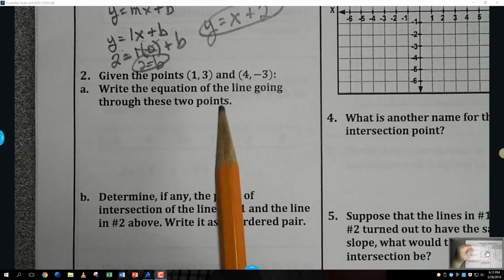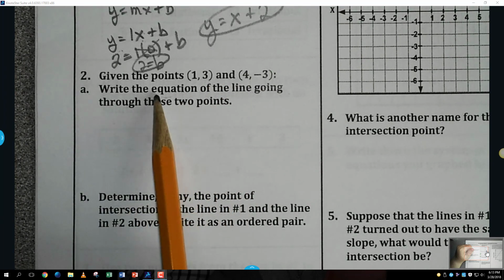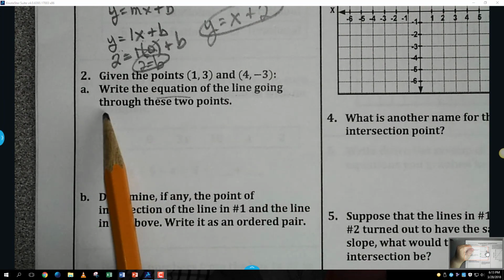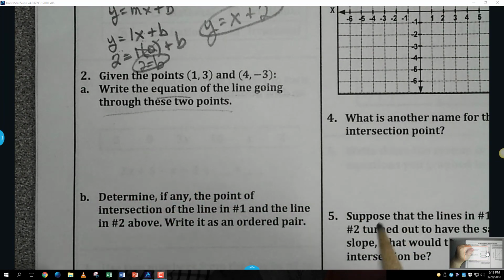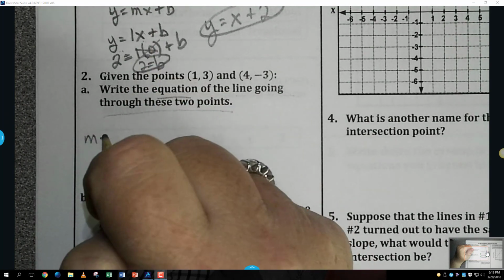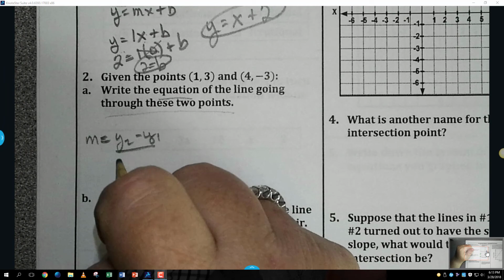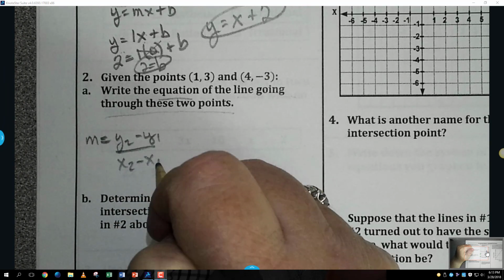Number 2, given the points (1, 3) and (4, negative 3), write an equation of the line going through these 2 points. Well, first thing we need to do is figure out the slope. So m equals y sub 2 minus y sub 1 divided by x sub 2 minus x sub 1.